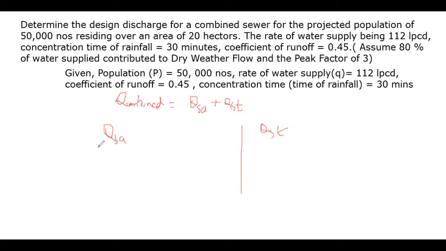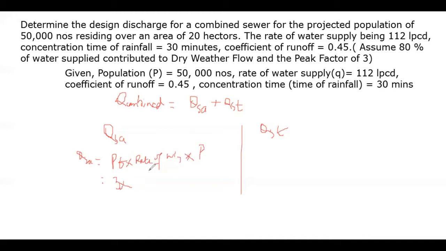Now, Q sanitary can be given by Q sanitary equals peak factor into rate of water supply into population P. Here we are given the peak factor to be 3 and we are given that the dry weather flow has been contributed by 80% of the water supply.